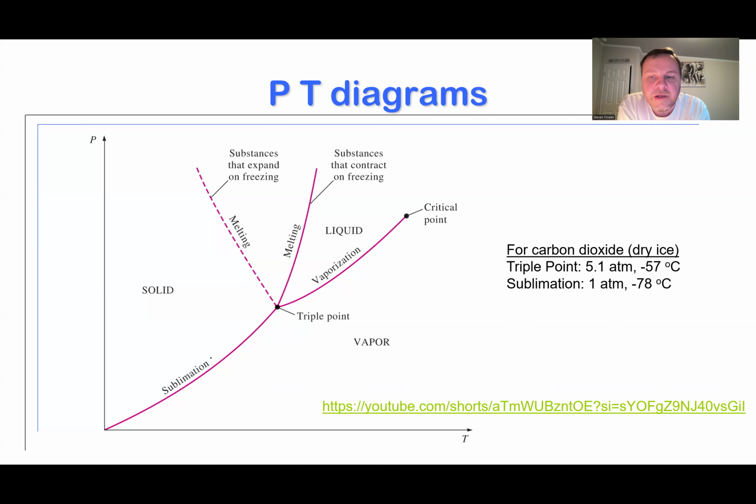The triple point of dry ice is up here at 5.1 atmospheres, and it's out here at a temperature of minus 57 degrees C. Now, when we go buy dry ice to use it for freezing things rapidly or keeping things really cold, that's occurring down here at 1 atmosphere, all the way down here at minus 78 degrees C. Now, I've not drawn this to scale. I don't have to. It's just for representation.